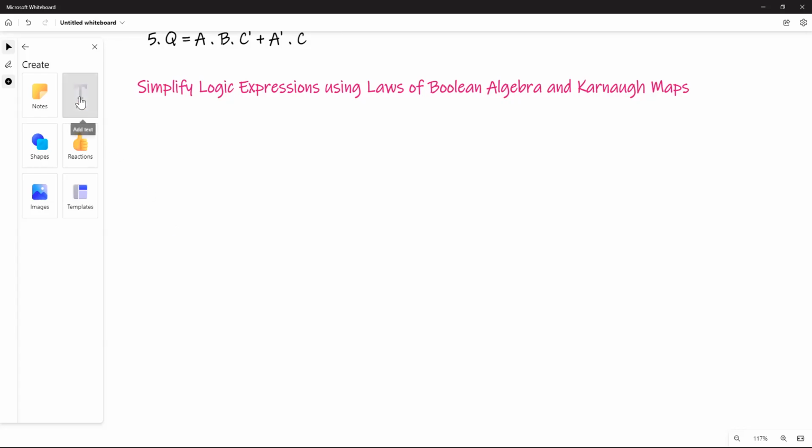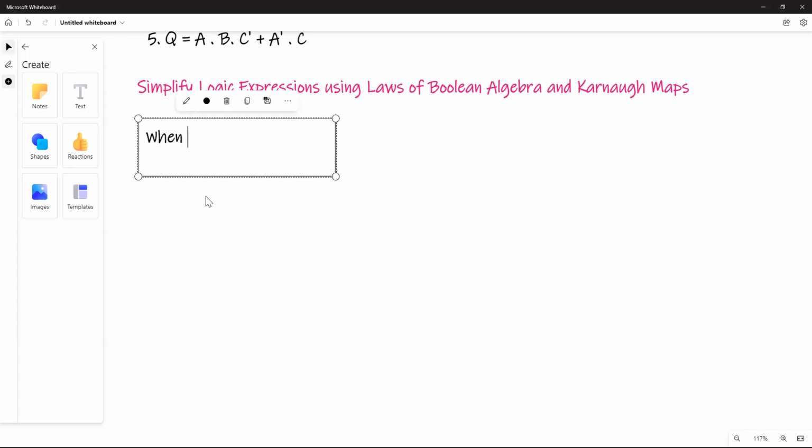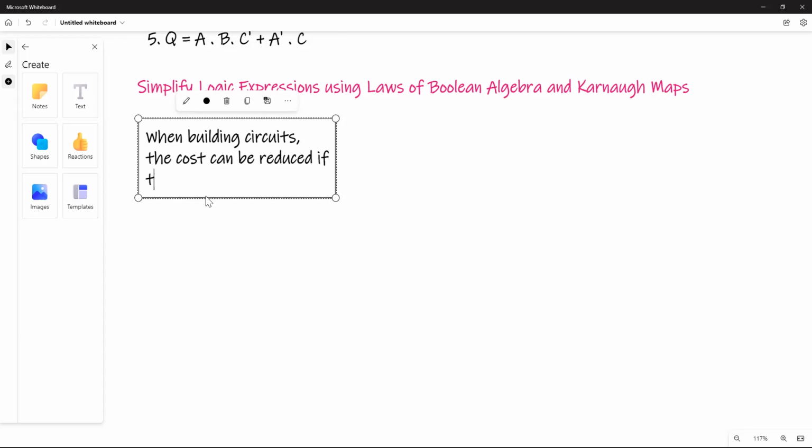Let's write down under this. When building circuits, the cost can be reduced if the number of gates used can be reduced.